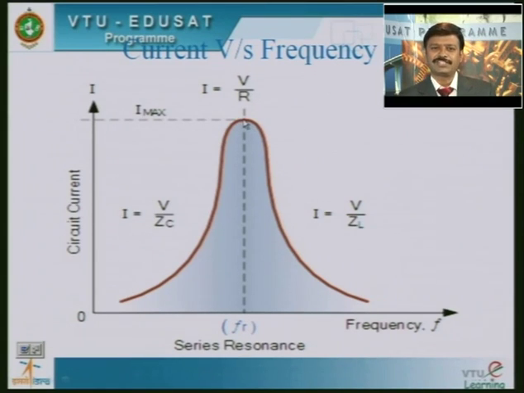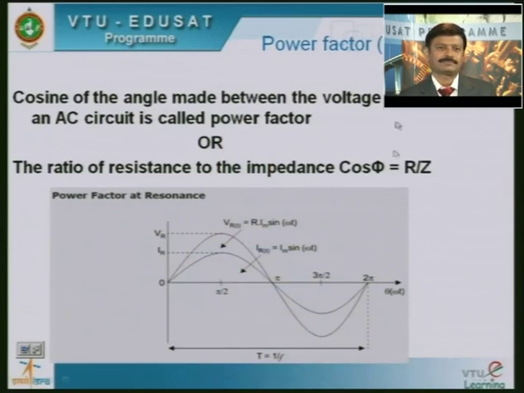Later, after achieving the resonating condition, the current slowly decreases during the inductive nature, so I is equal to V by Z.